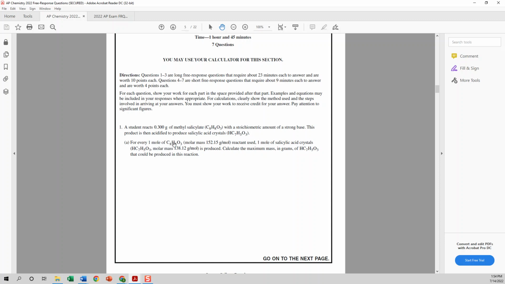So for every 1 mole of this compound that reacts, 1 mole of this compound is produced. And they want to know if 0.3 grams of this compound react, how many grams of this compound will be produced. So this is just stoichiometry.